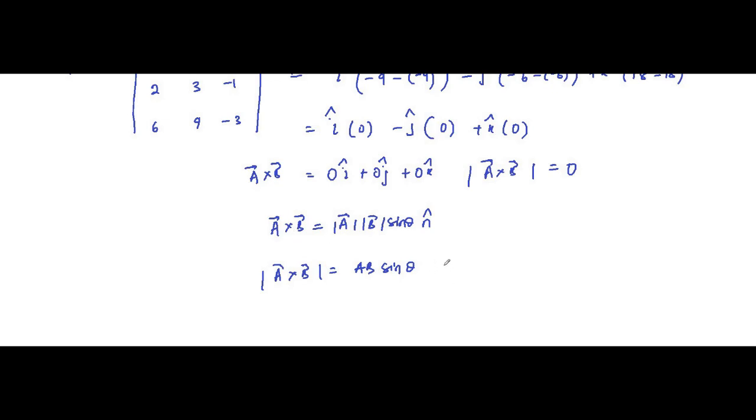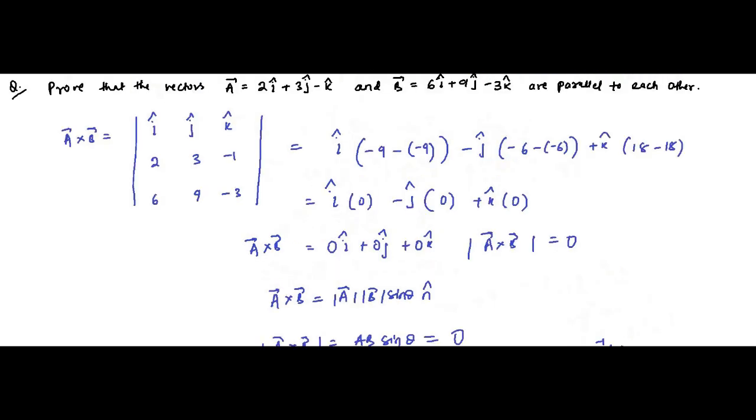Here this magnitude is coming as 0. That means sine theta is equal to 0. That implies theta can be sine inverse of 0, which can be 0 degree or 180 degree. 0 degree for parallel, 180 degree for anti-parallel.